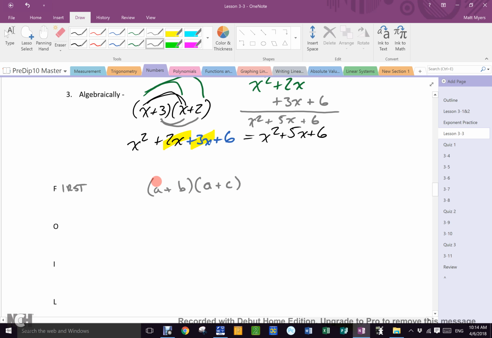First is A and A. Then we do outside, which is A and C. Then we do inside, which is B and A. And then we do last, which is B and C. Everybody cool? That always works.